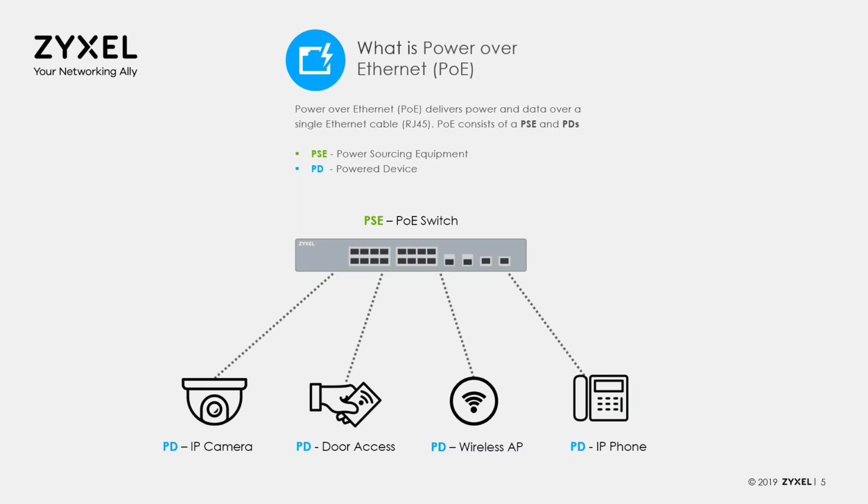In this example, it's a switch, but it might as well be a power injector. And then we have a PD, or a powered device that needs that power from the PSE. So it might be an IP camera, it might be a wireless access point, an IP phone, or, for example, a door access card reader or whatever.